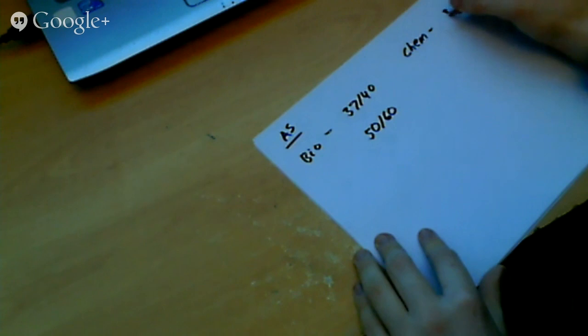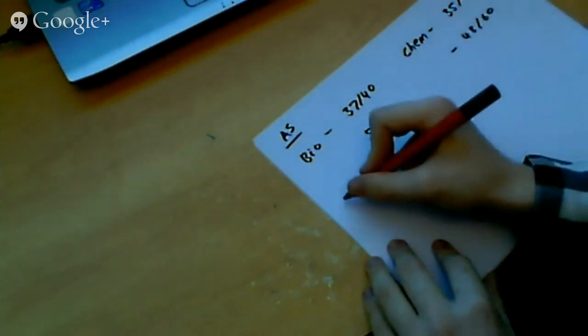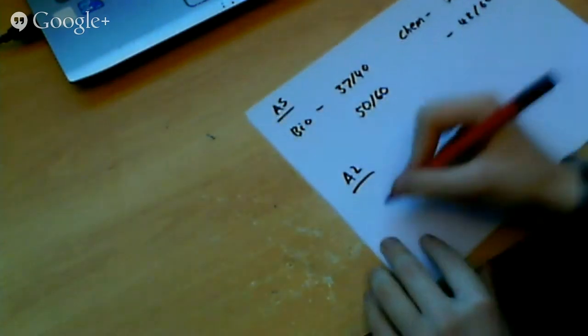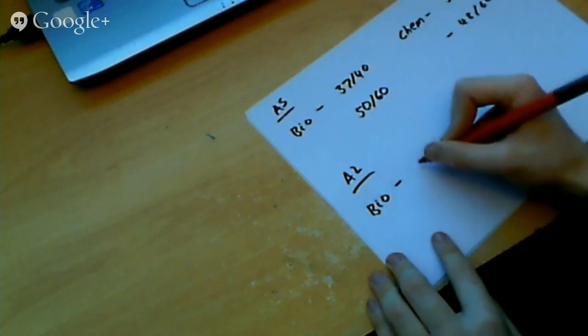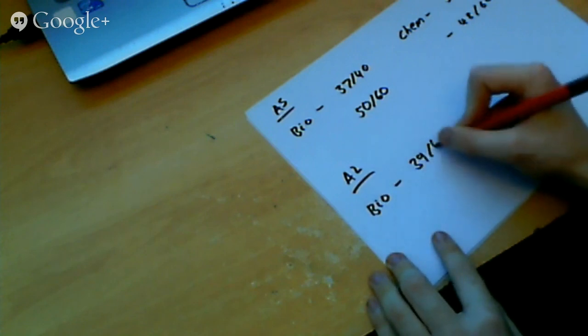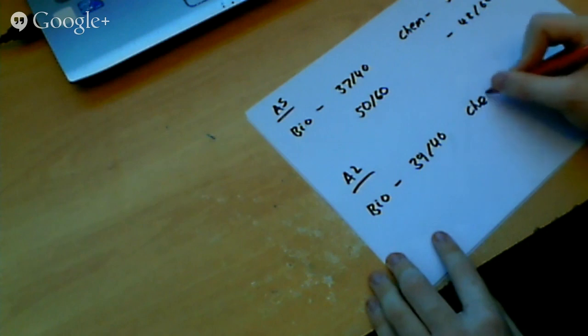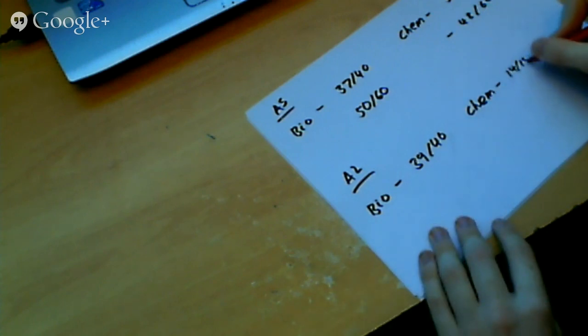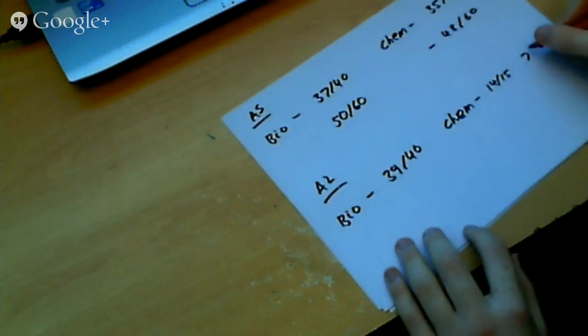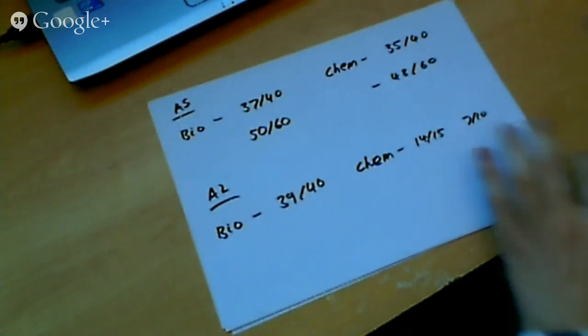Chem, I got 35 out of 40, which changed to 48 out of 60. A2, bio, I got raw 39 out of 40. Chem, I don't know yet, but so far I got 14 out of 15 on the quantitative and 7 out of 10 on the qualitative. Yeah, those are my practical results so far.